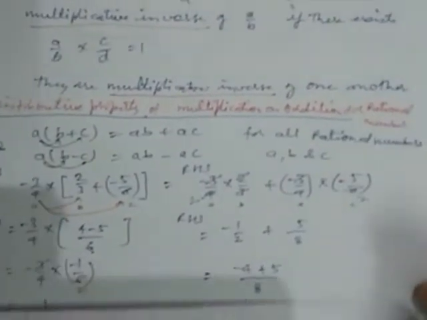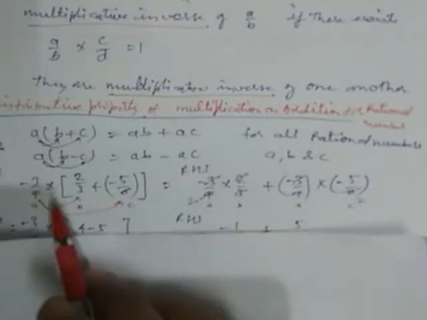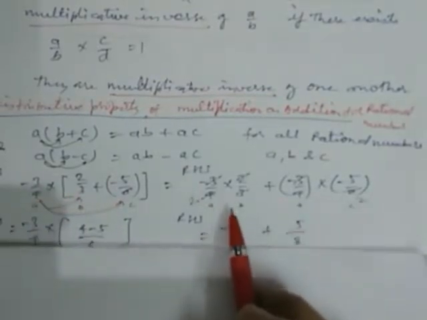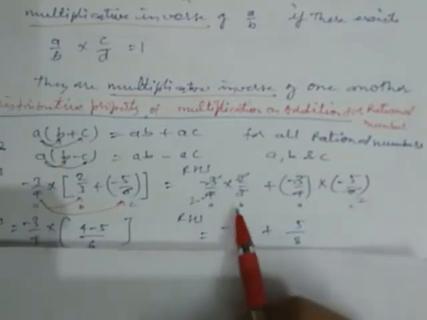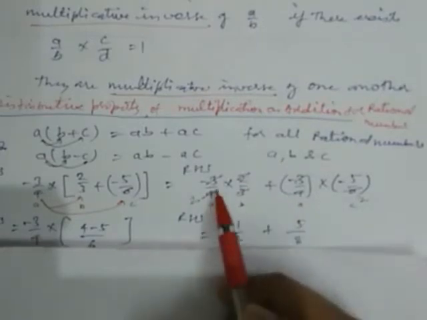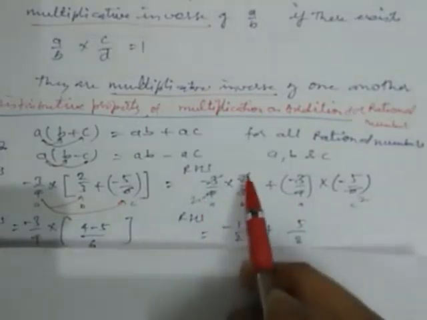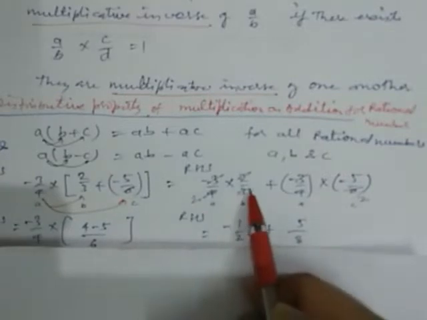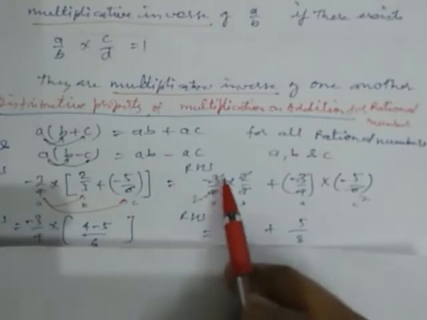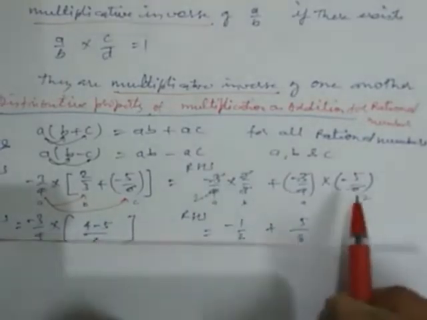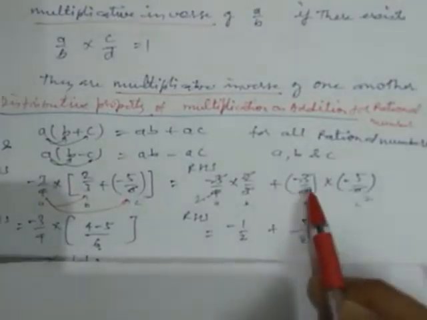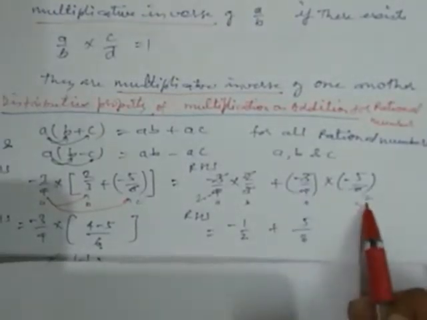Now we calculate the right hand side. When we multiply this and this, we get this. So here this is A and this is B, this is A and this is C. Okay, now this 4 is divided by this 2 times, and this 3 divided by 3 is 1 time. So we get minus 1 by 2 here, and here this 6 divided by this 3 is 2 times.